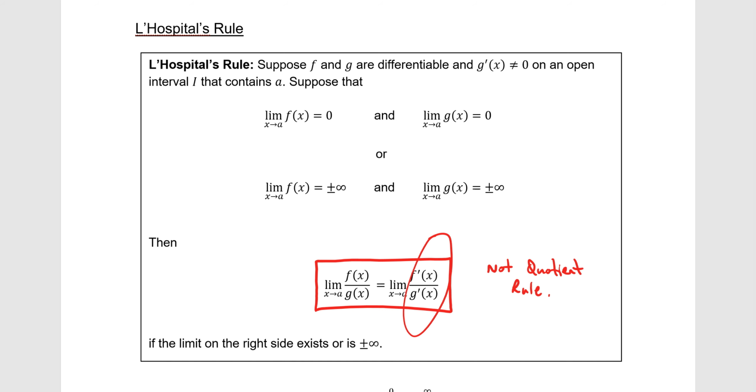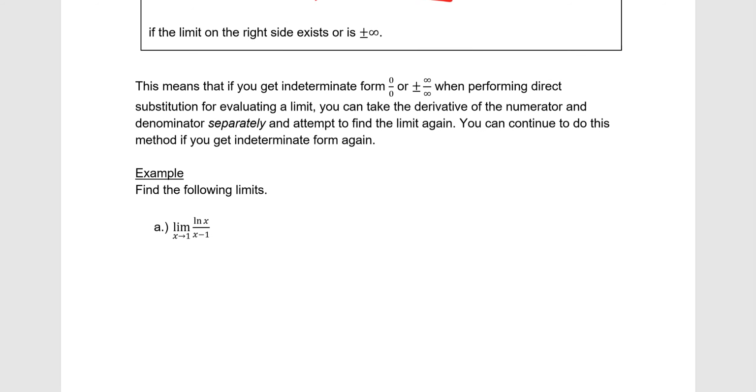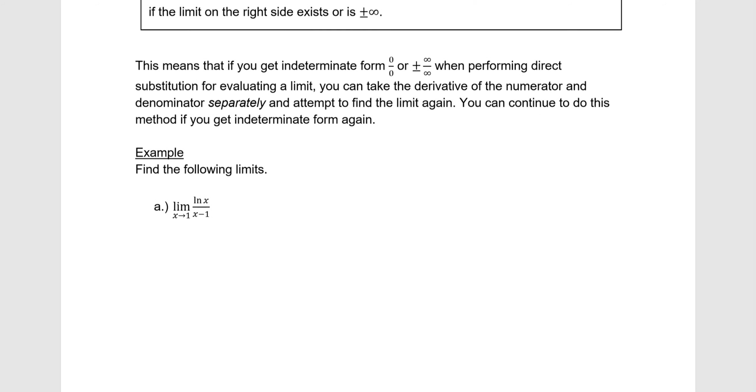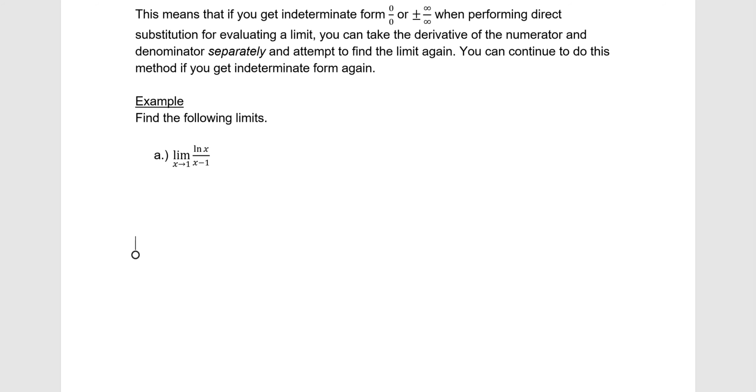I know it's two things being divided. You're doing the derivative of the numerator and denominator separately. And let's say that you did this method, you did L'Hopital's rule, and then you redid the limit. If you got indeterminate form again, you can actually continue to do this method until you get an answer.